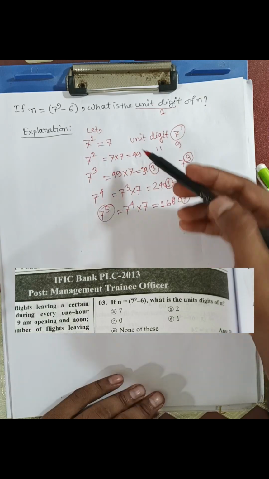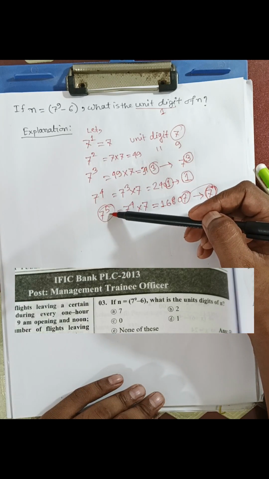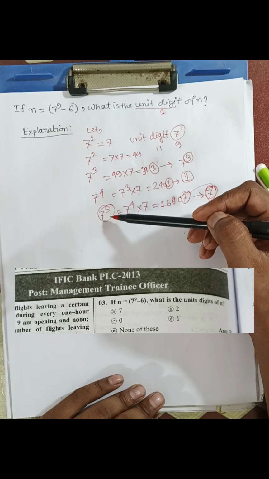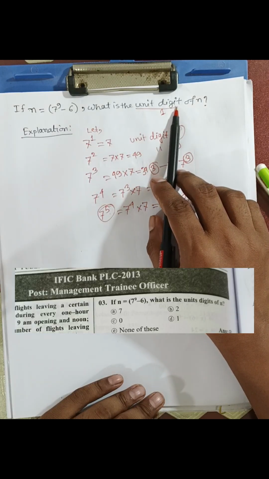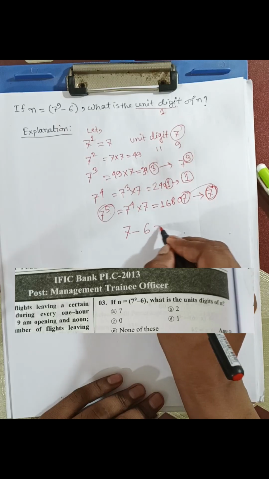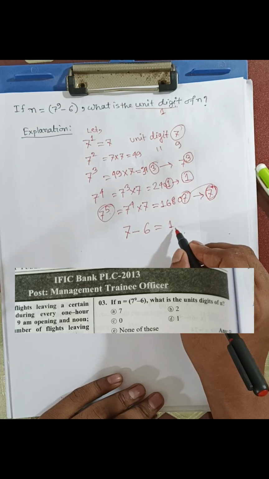So 7 to the power 1 and 7 to the power 5 have repeated the unit digit. So 7 minus 6 equal 1. The answer will be 1.